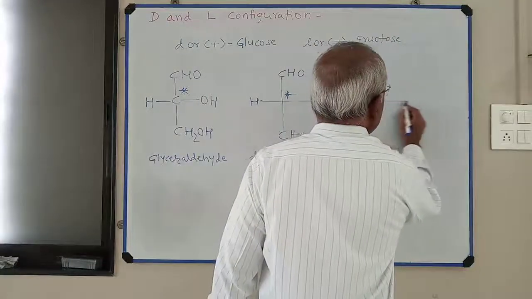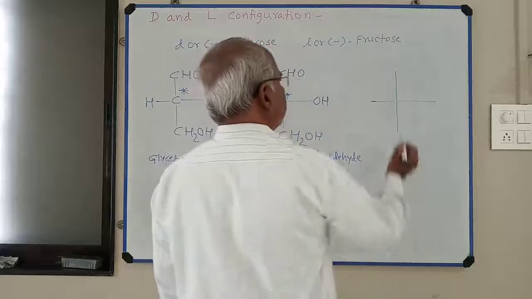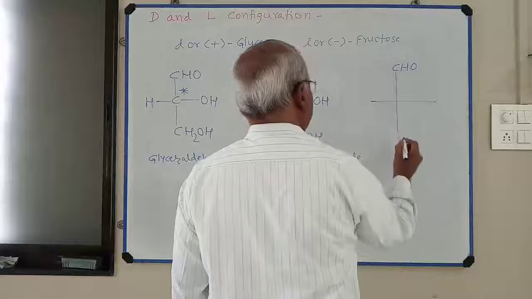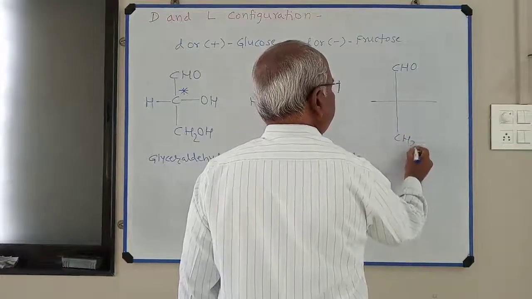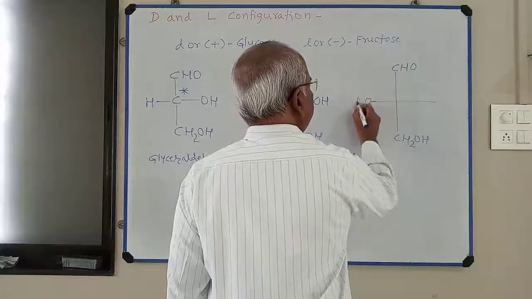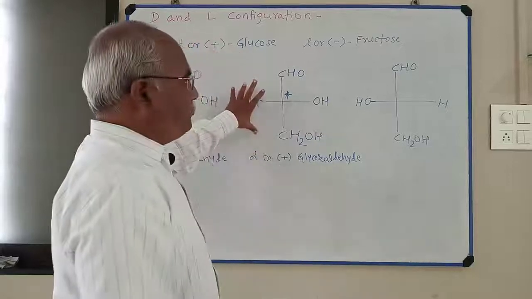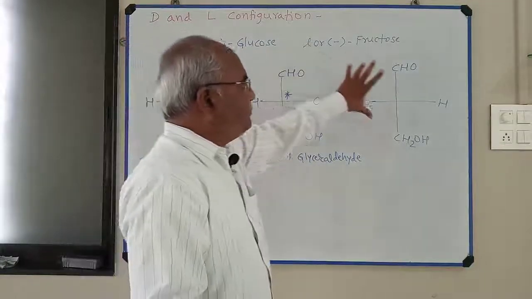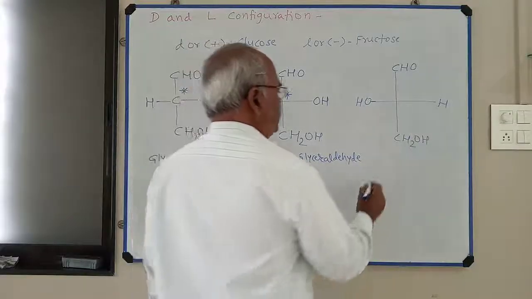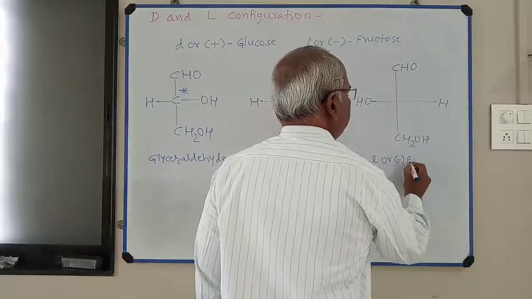So here two crossed lines, vertical line CHO, CH2OH, here is OH, H. This is the object and this is its non-superimposable mirror image. It is known as L or minus glyceraldehyde.